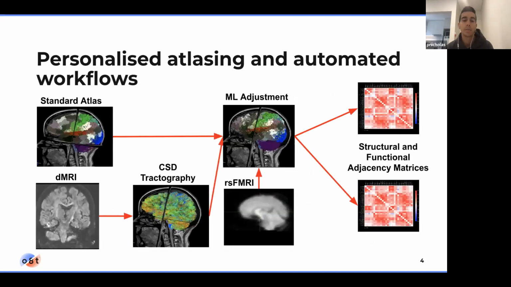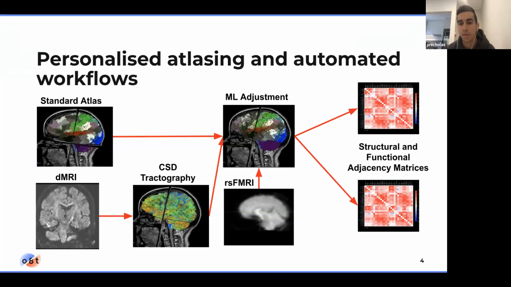So how have we approached this problem? Well, the first thing I'd like to mention is the personalized atlasing approach. This starts with a diffusion MRI scan and involves the generation of CST tractography, as you can see in the middle diagram on the bottom row. We use this CST tractography to update the standard atlas and generate a machine learning adjusted atlas, which is what we're seeing in the middle diagram on the top row.